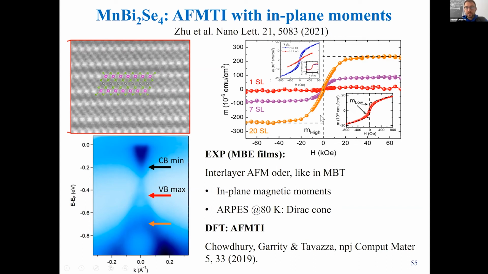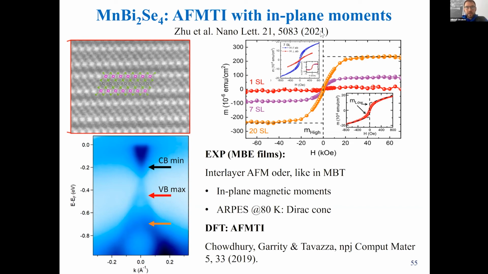And it is an antiferromagnet, as you can see by the magnetization curve, and the staggered magnetization easy axis is locked within the manganese plane. And of course, the ARPES was performed, although in this case at 80 Kelvin, which is above the Néel point. But you can see here there is the topological surface state. And a bit earlier, Choudhury and co-authors predicted that this system is an antiferromagnetic TI.